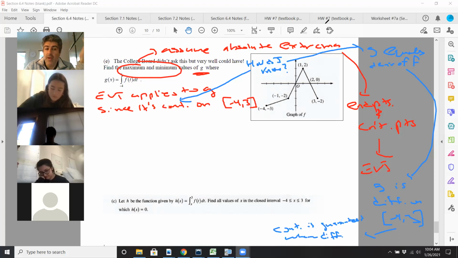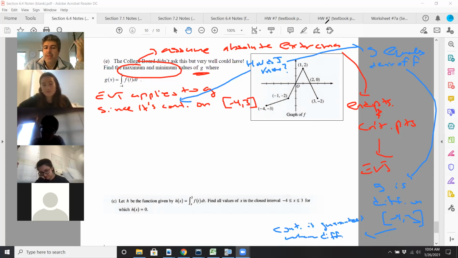How do we know that? We don't know what the graph of G is. We don't. That's the beauty about fundamental theorem of calculus, is that even if you don't have the graph of something, if you have the graph of its integral, you could still use fundamental theorem of calculus to answer questions about G. So that's why we're using it, because I don't know how the graph of G looks.